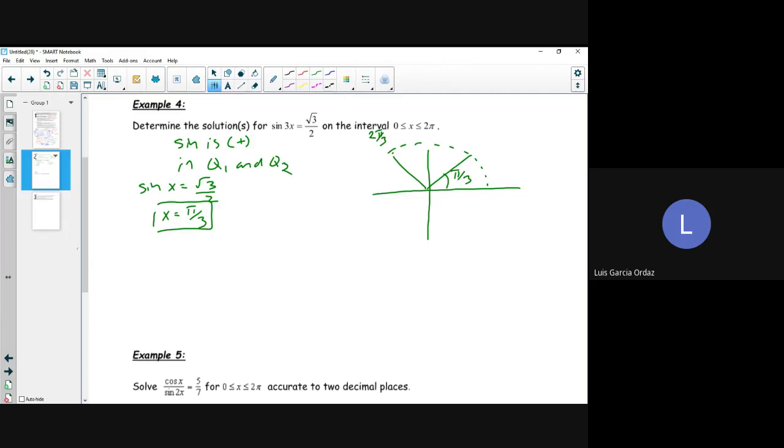And like I said, this is in quadrant 1 and quadrant 2. So our interval is x is less than or equal to 2 pi and greater than or equal to 0.